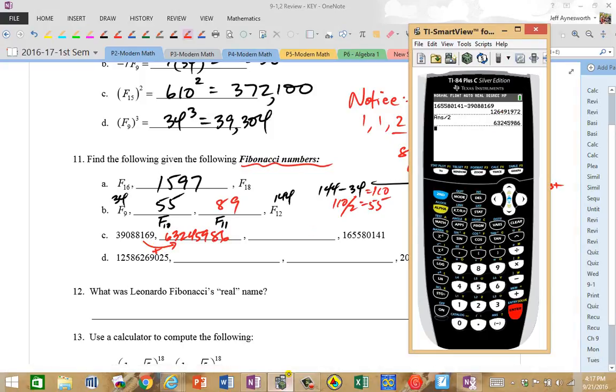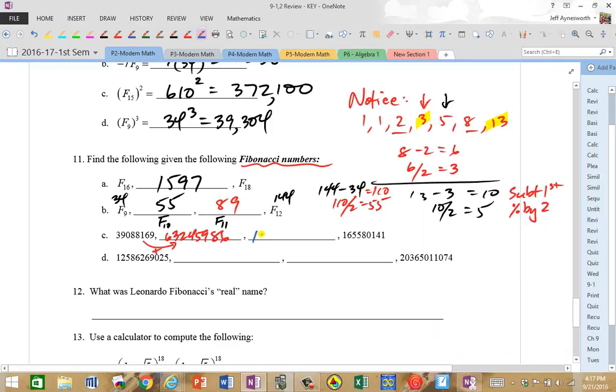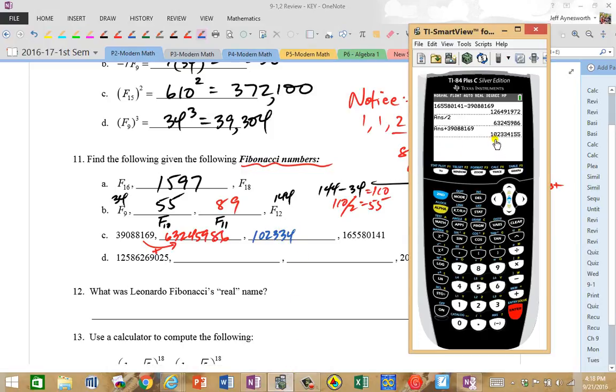Now we already have the second term in the sequence, so we just add the first term. So we add 39,088,169. And we get the next term. So let's write that down. 102,334,155. It's a big number.